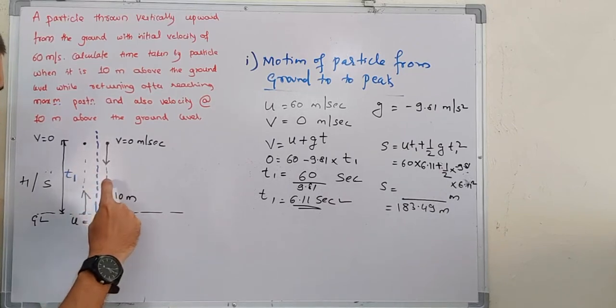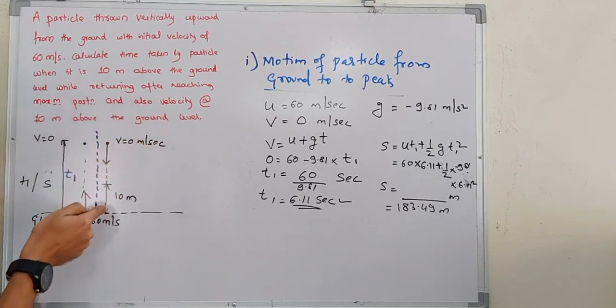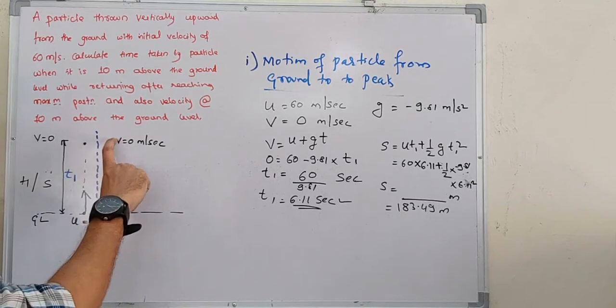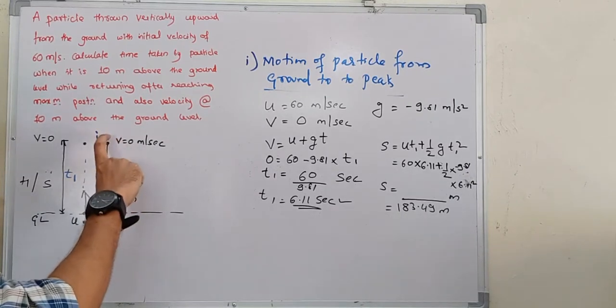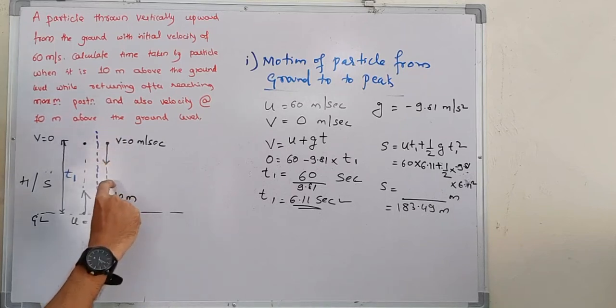But you are asked to calculate the data just 10 meters before reaching the ground. In the sense, 183.49 minus 10.